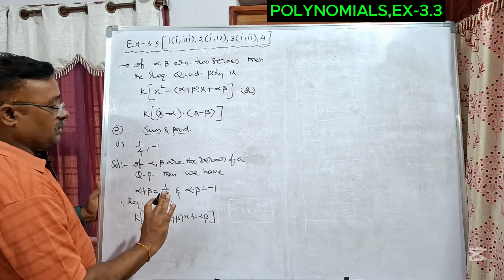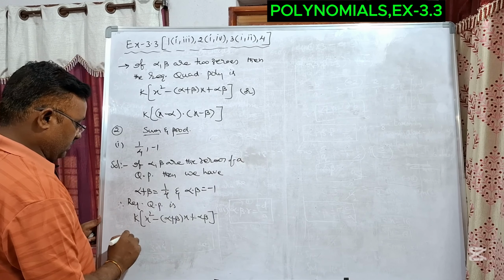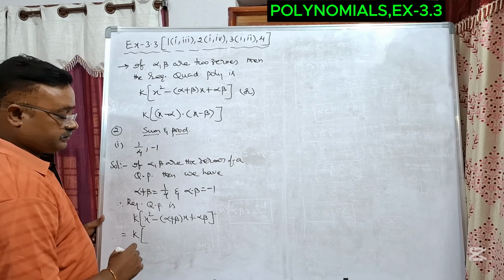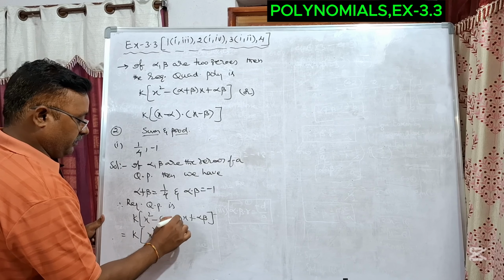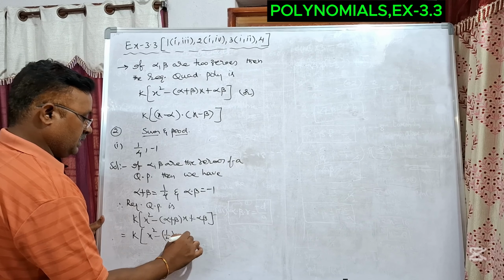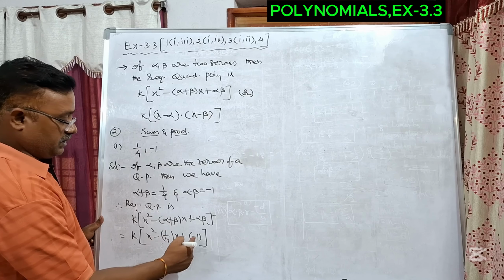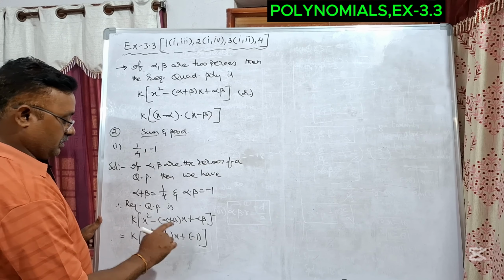If they are asking for a quadratic equation, you take it equal to 0. So that is equal to k into (x square minus (alpha plus beta) value, directly there as 1 by 4, times x plus alpha beta value, which they have given as minus 1. Since it is negative, I am taking it in brackets.